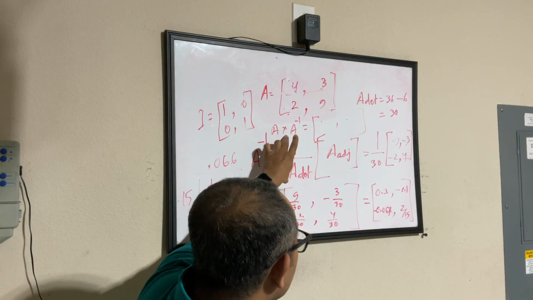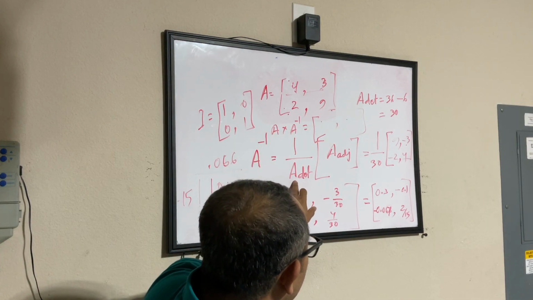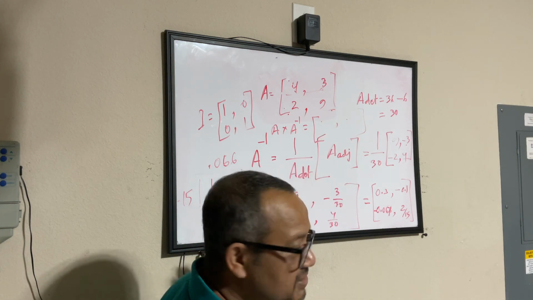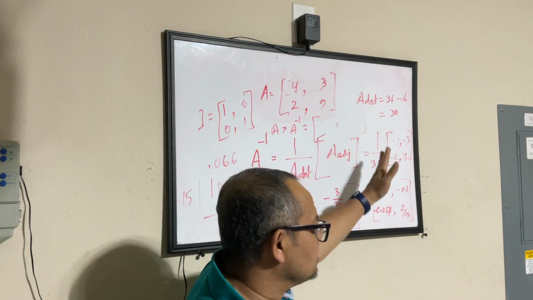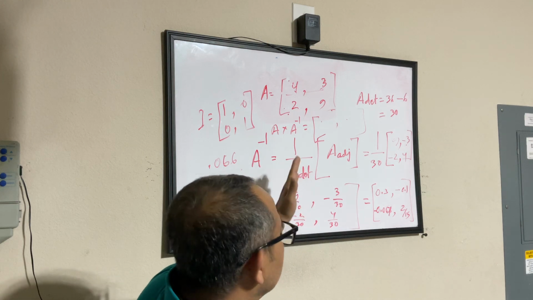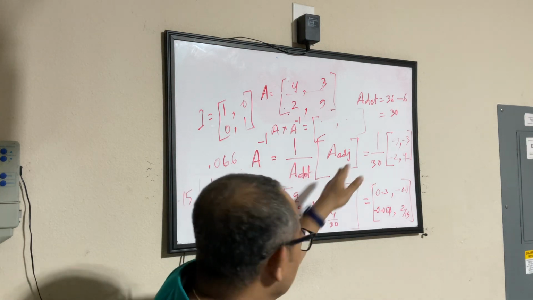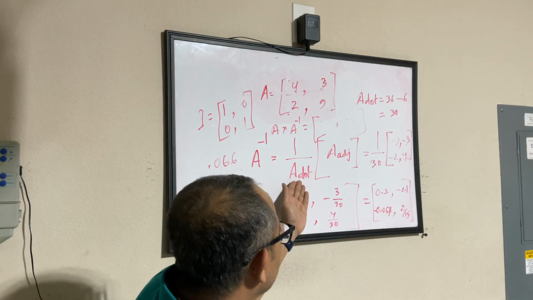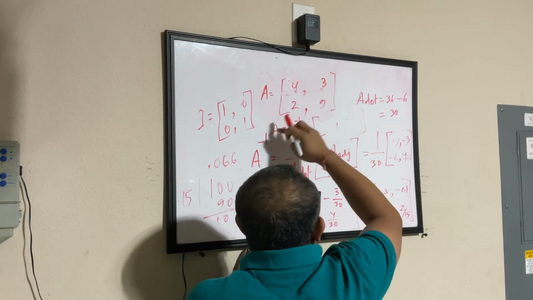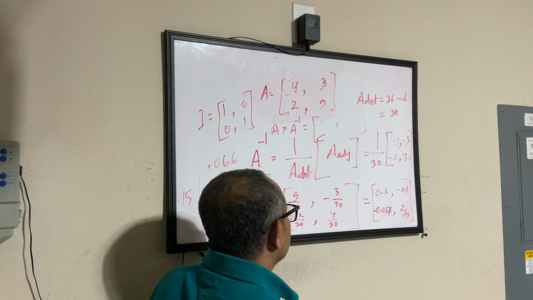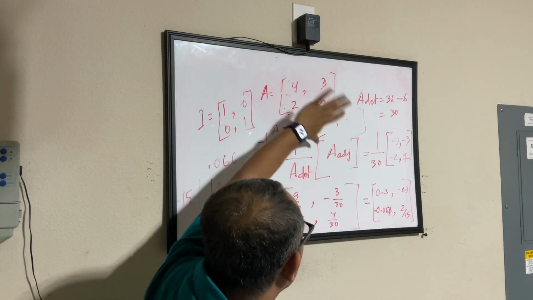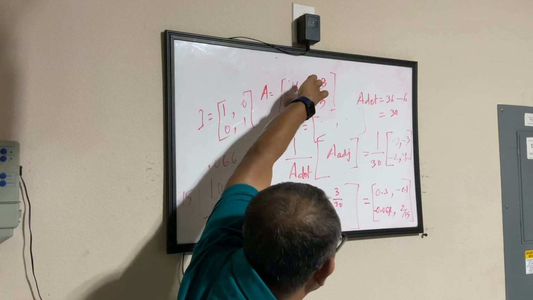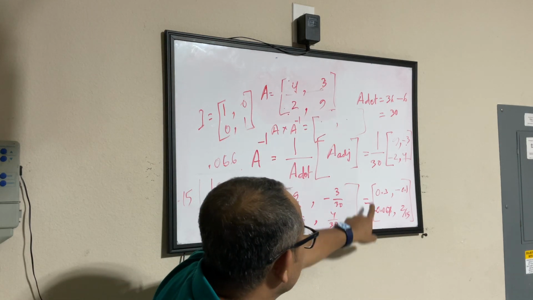This is the formula: 1 by determinant of the matrix, multiplied by the adjoint of the matrix, or adjoint by determinant, whatever way you remember it. Determinant you find by multiplying these two, minus multiplication of these two. Adjoint you find by swapping the first and fourth positions and putting a negative against these two.